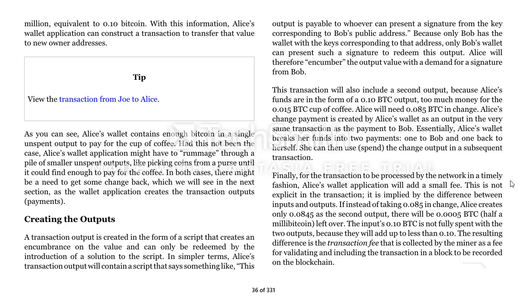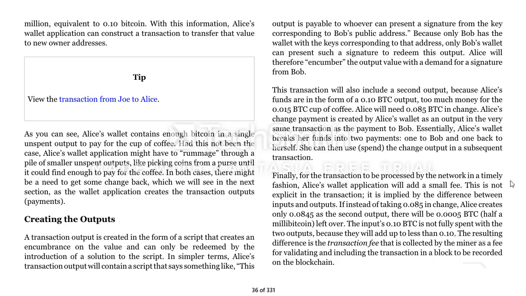The input's 0.10 BTC is not fully spent with the two outputs, because they will add up to less than 0.10. The resulting difference is the transaction fee that is collected by the miner as a fee for validating and including the transaction in a block to be recorded on the blockchain.